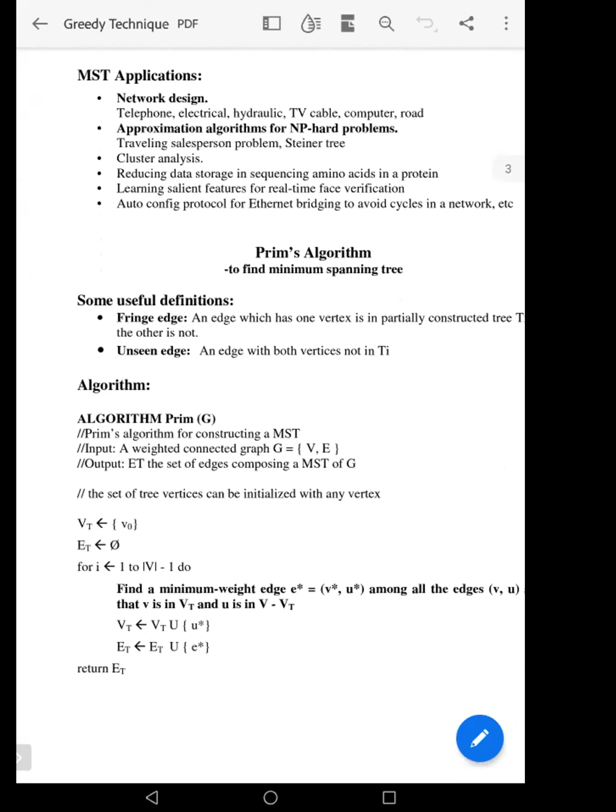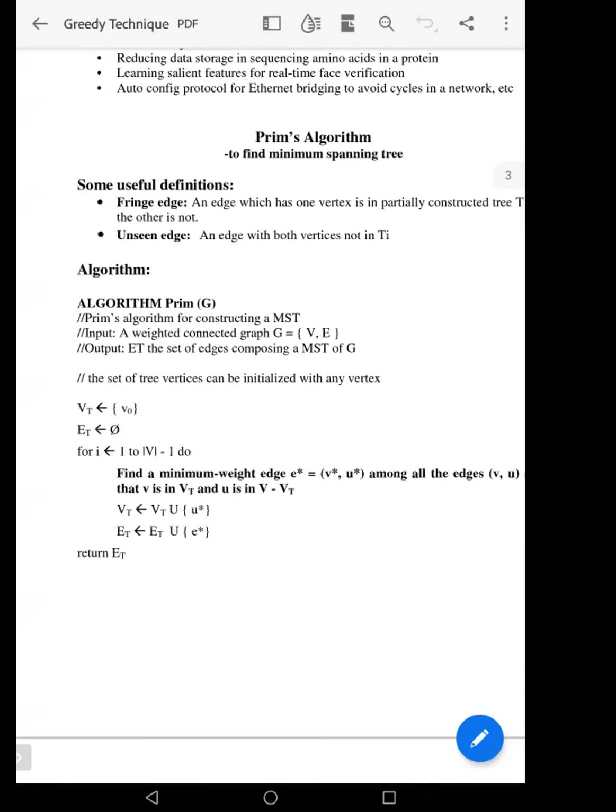The very first one is Prim's algorithm. What is Prim's algorithm? We need to know the algorithm, or the procedure, to solve the problem. The algorithm is always represented in pseudocode format for its analysis.